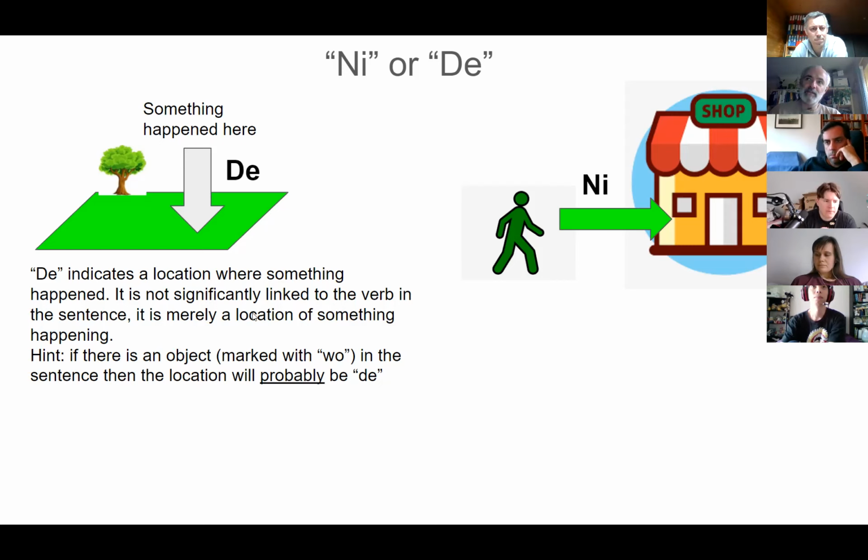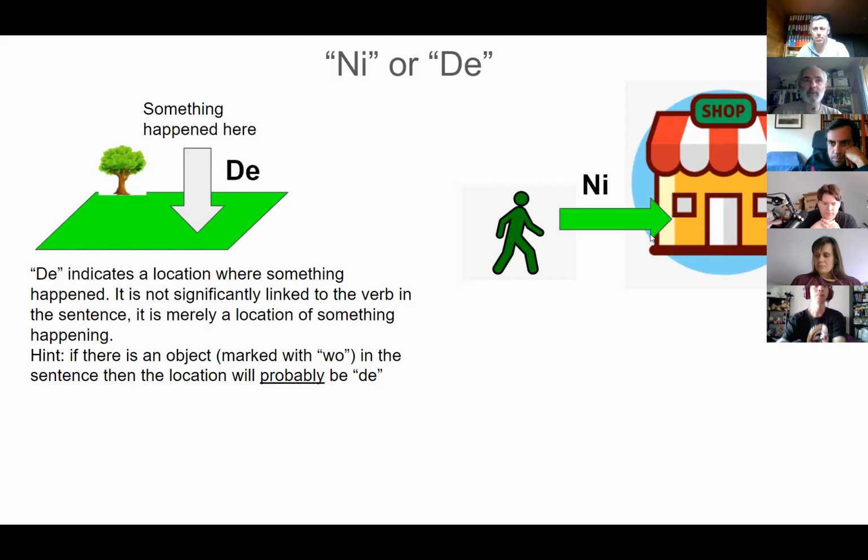The main exception is if the verb is in the present continuous form, shite imasu, tabete imasu, mite imasu, then we will still mark the location with ni in that case, because imasu is the primary verb in that sentence when we have a present continuous verb. Okay, so far, guys? So past tense or present tense, we mark the location with de.